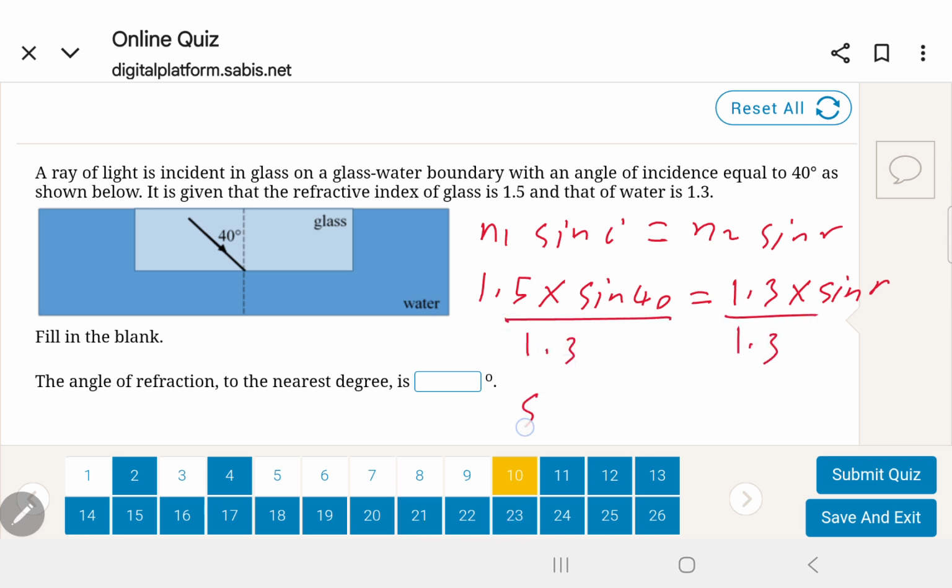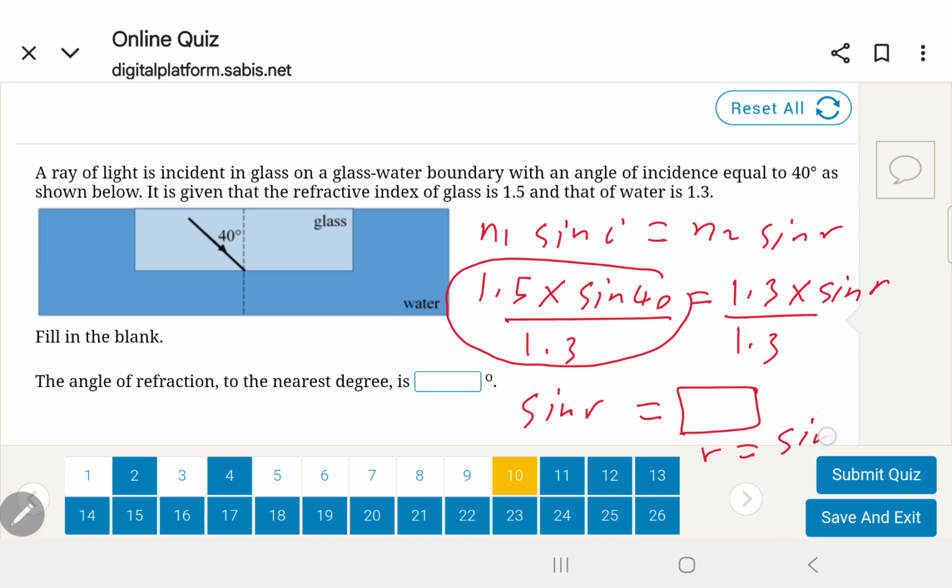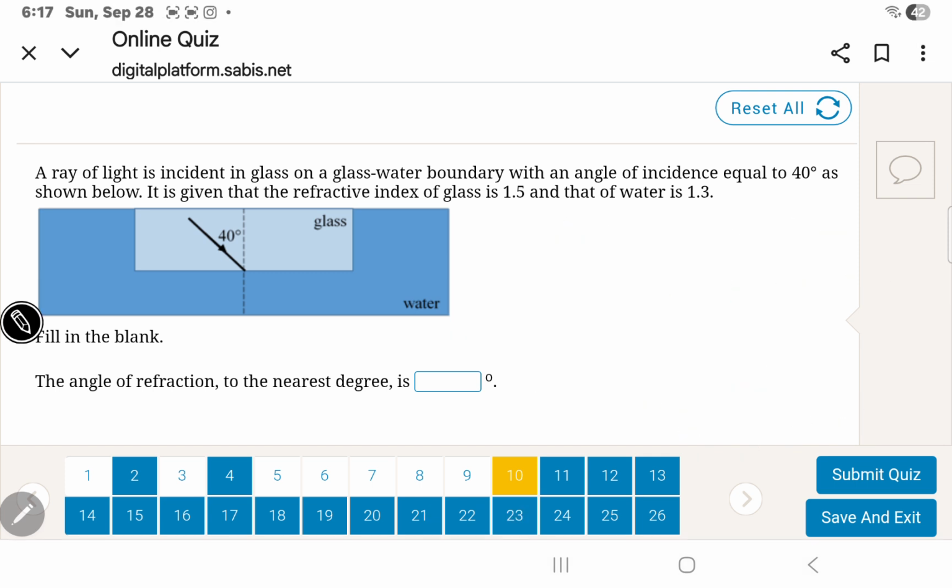Now we have sine R equal to this amount. Write this amount on the calculator, then do R equals shift sine inverse, and then you get the answer. Super easy. Use your calculator to find the answer.